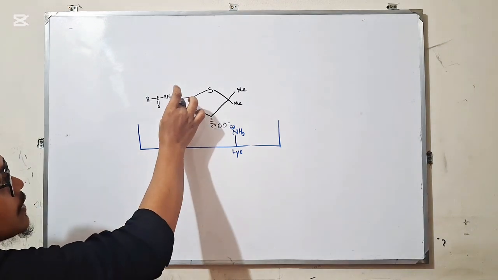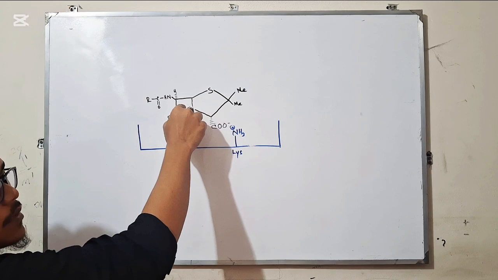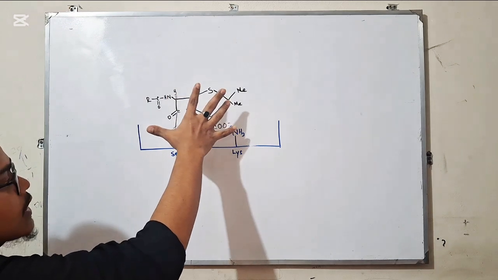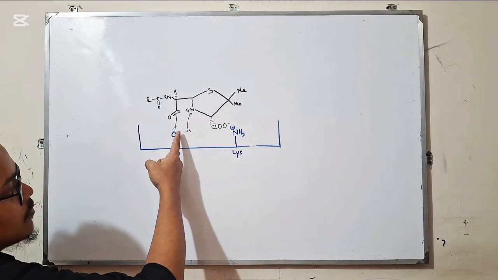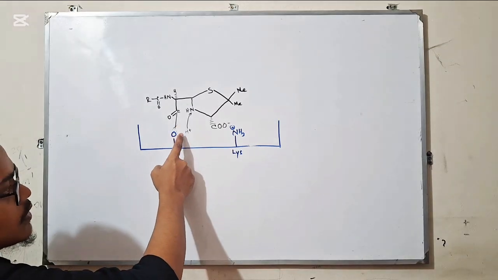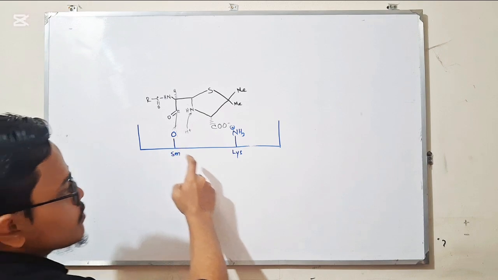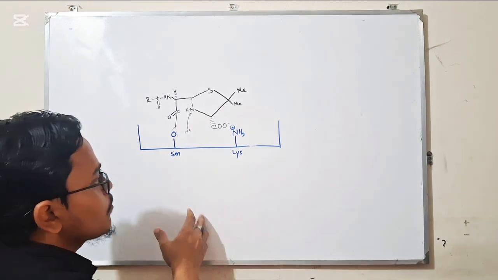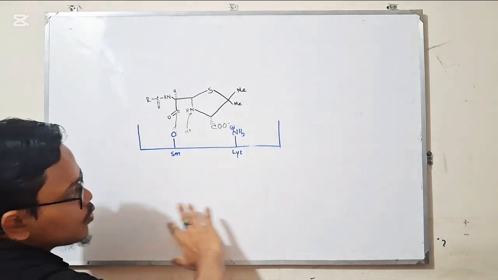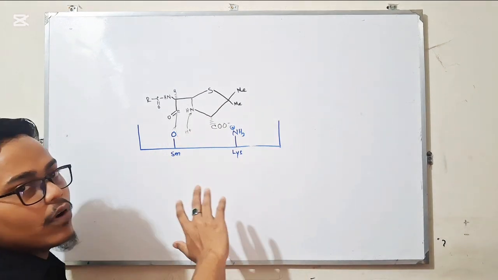Basically, the beta lactam part is broken due to the binding with the transpeptidase serine part, and this total part is already blocked.